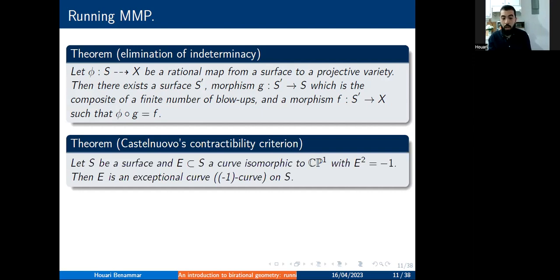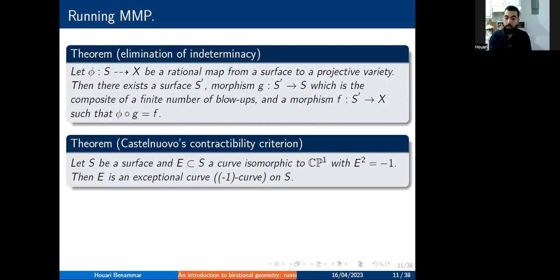Now I state a very important, very fundamental result, due to Castelnuovo. Castelnuovo is Italian. Let S be a surface and E a curve isomorphic to CP1 with self-intersection equal to -1.